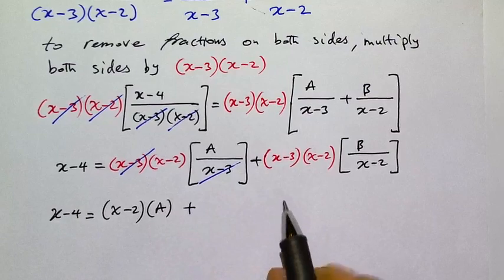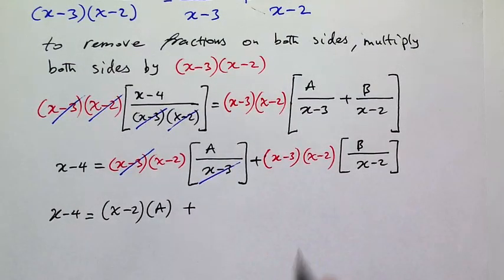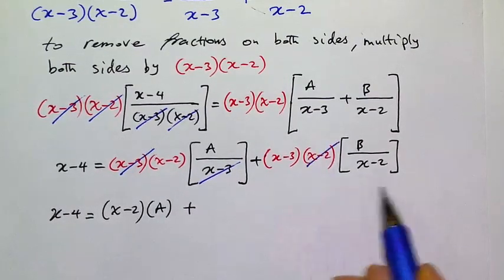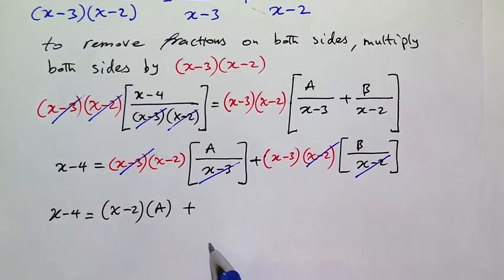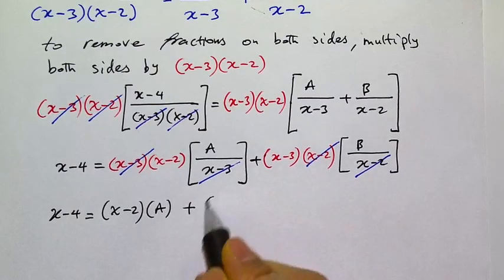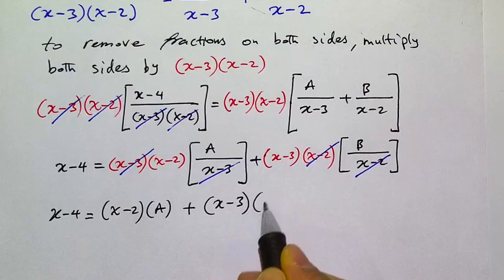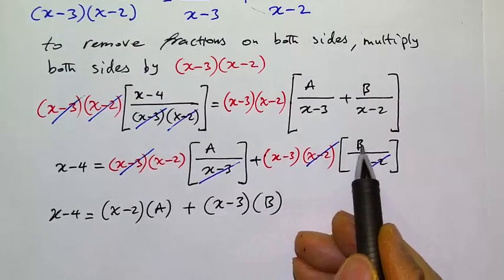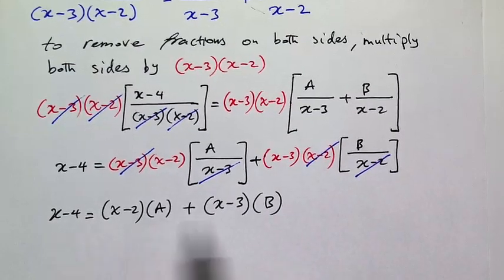And then plus, in the next term here, x minus 2 and x minus 2 cancel each other out. We end up with x minus 3 times B, right? This times that. Look at that. We've gotten rid of all fractions, didn't we? So that's what we intended to do.